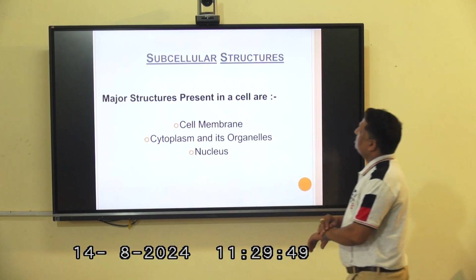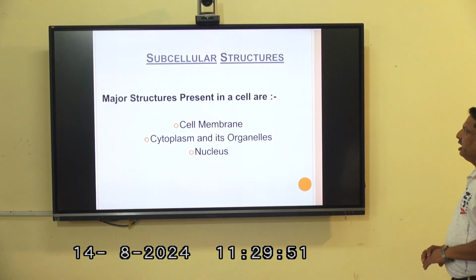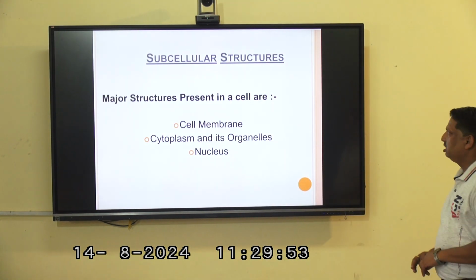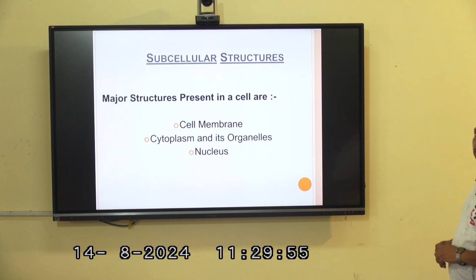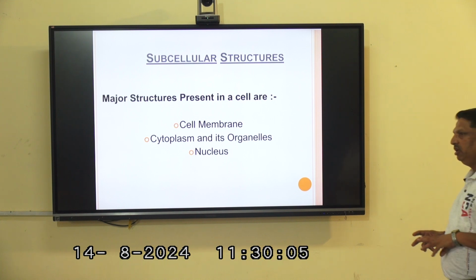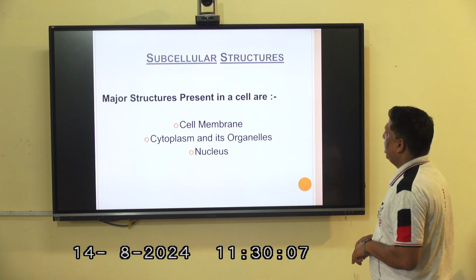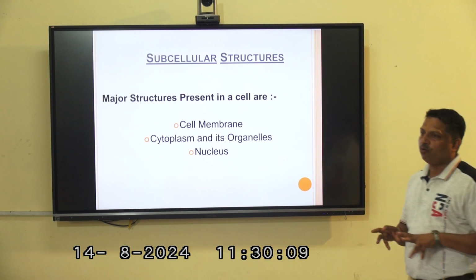And this slide is also highlighting some important fundamental things concerned with the sub-cellular structure. The sub-cellular structure plays a very significant role in the organization at different levels: tissue level, organ level, and cellular level. Particularly, this is the boundary of the cell.